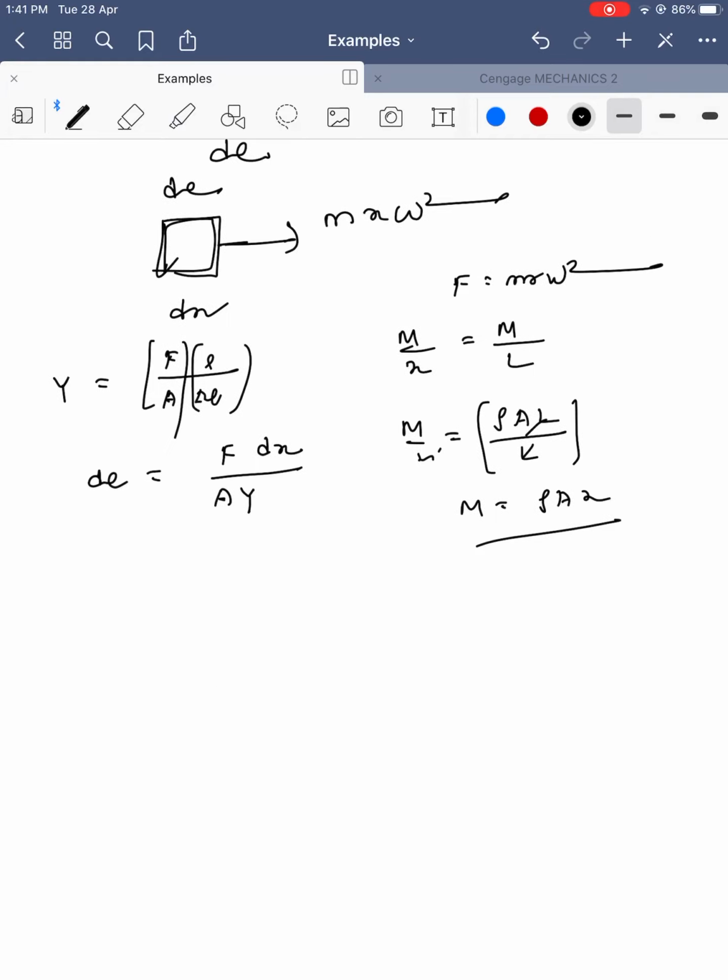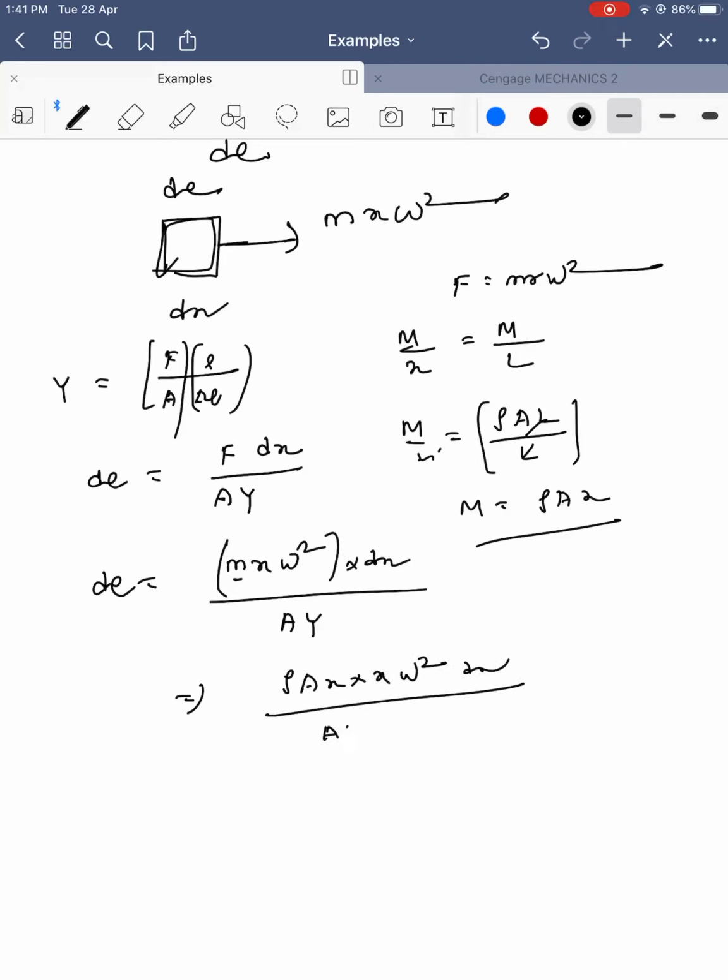If we substitute here, dE is equal to rho A. Okay, I am writing simplified forms. F is equal to m r, and r is nothing but x omega square, into dx by A Y. So m I can write as rho A x into x omega square into dx by A Y.